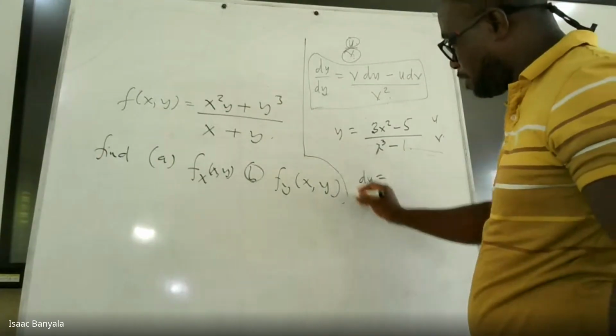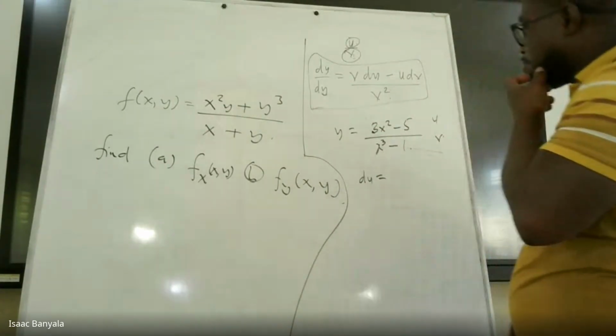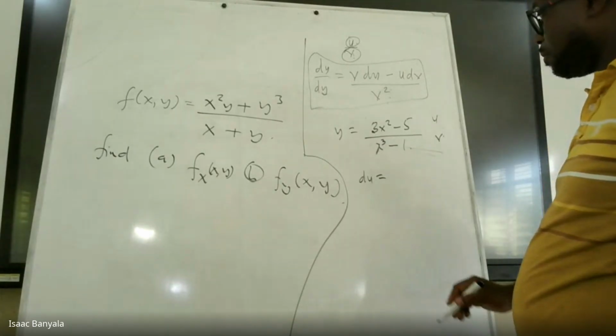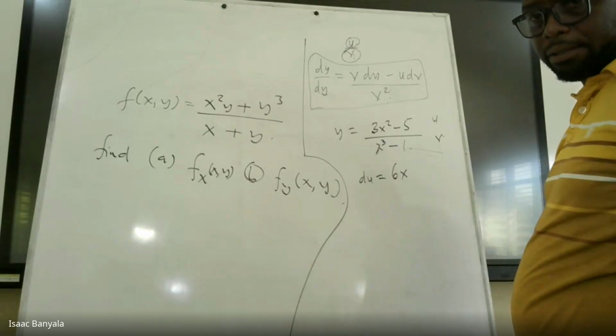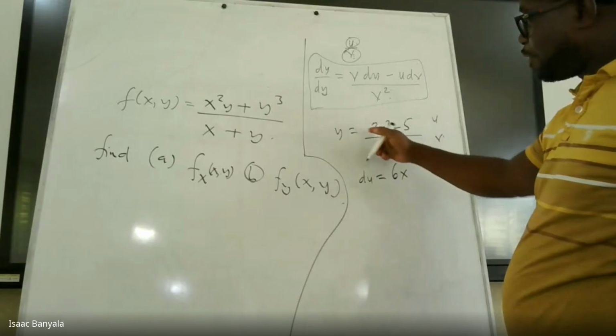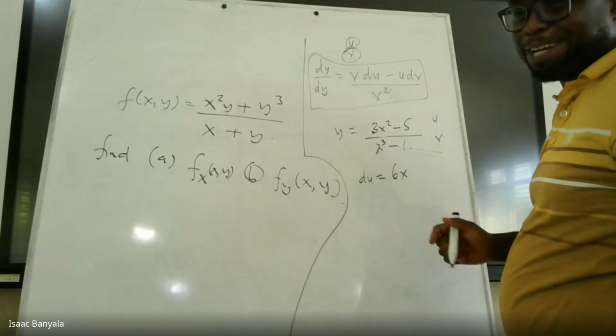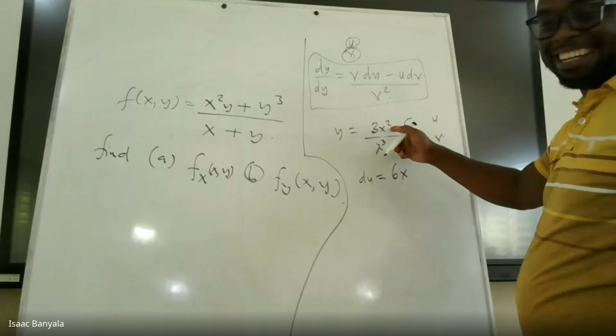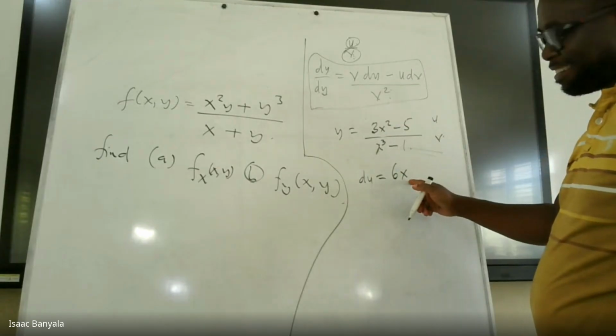Please, let's revise. 6x. You are differentiating this one with respect to x. So this will be 6x.